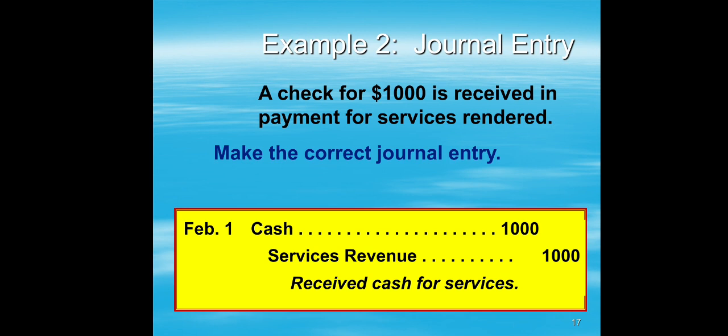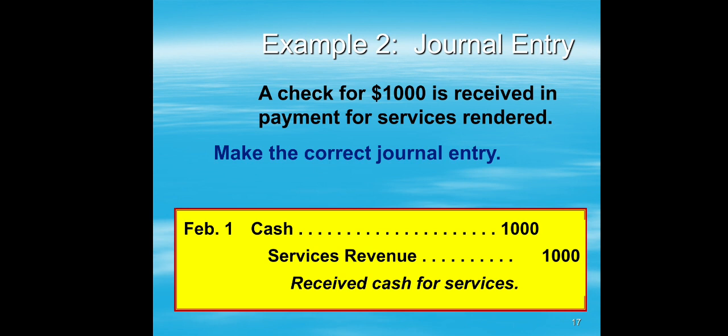Okay, the second thing, what is the effect of this transaction on the accounting equation? When a business receives $1,000 cash, the first thing that happens is asset cash increases by $1,000. And the second thing is, when a business receives $1,000 from a customer, there is no effect on liability, but there is an effect on an owner's equity account.